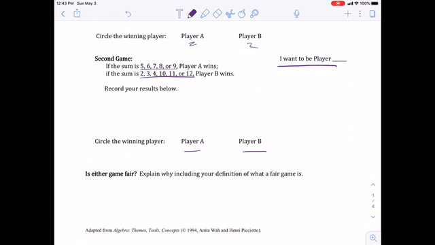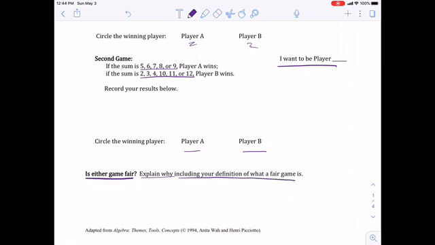Then my next question here is, is either game fair? And to determine if it's fair, you first have to come up with a definition of fair. So the definition I typically use is that in order for a game to be fair, both players must have an equal chance of winning. So notice here I said explain why, including your definition of what a fair game is.